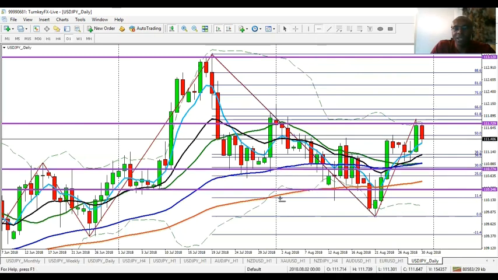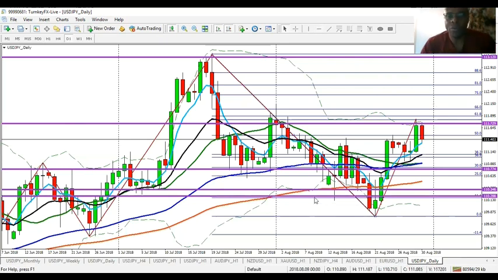And I also identify where the 100 is, which is roughly about here. Okay, so now we got the Fibonacci, and we got our horizontal lines.